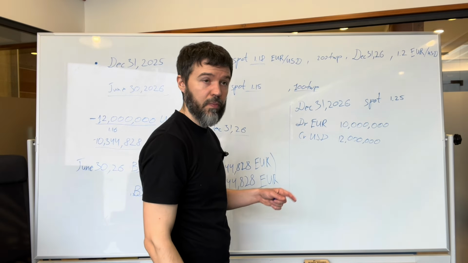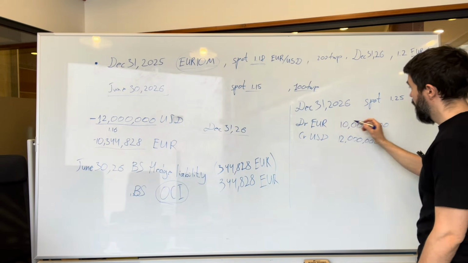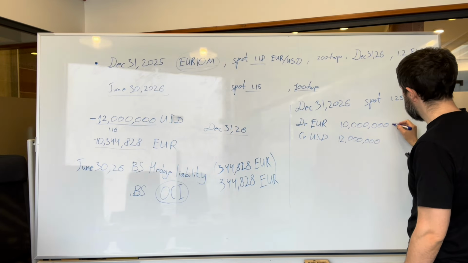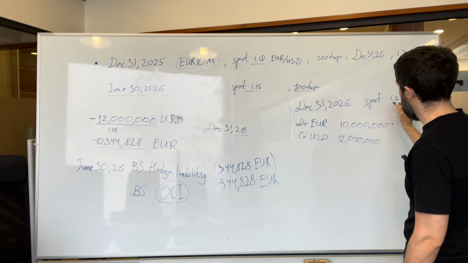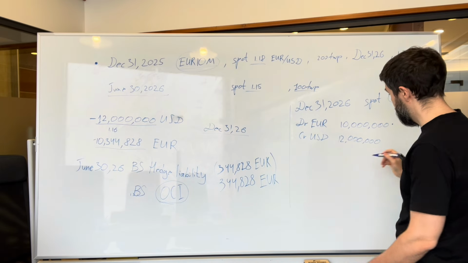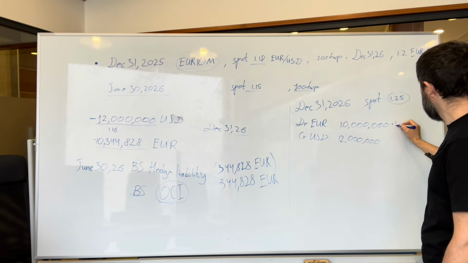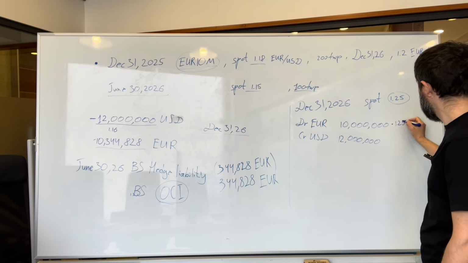Okay, now let's play with the rates. You will receive this. Your system will automatically apply some kind of spot rate. Let's assume that this is the system rate. So it applies 1.25 here.